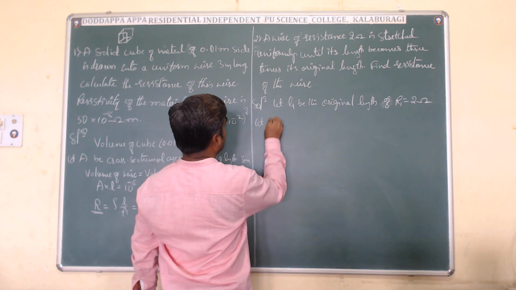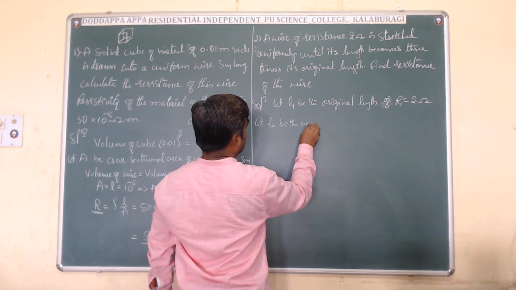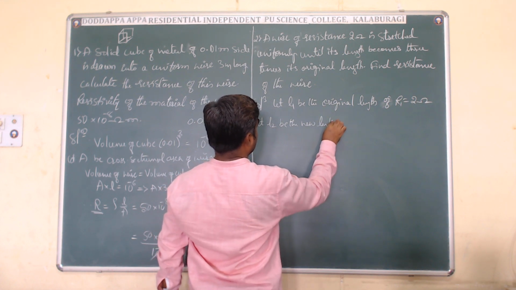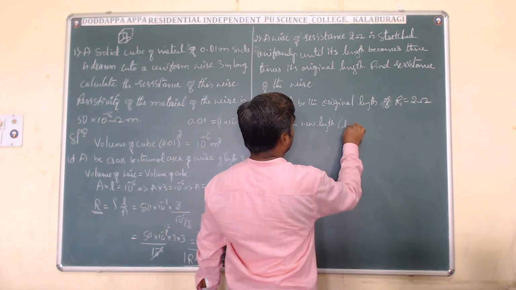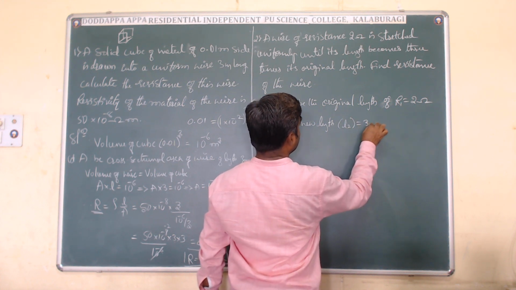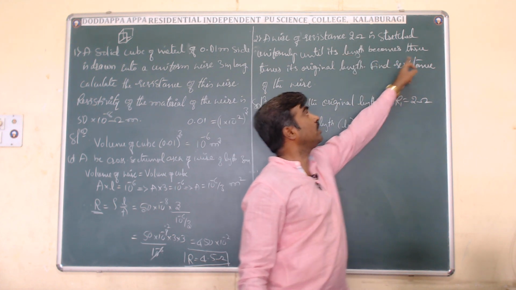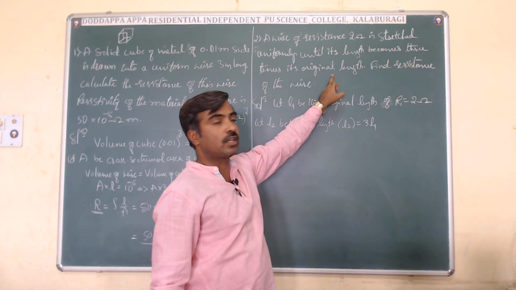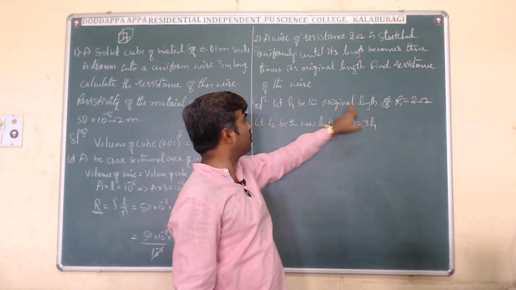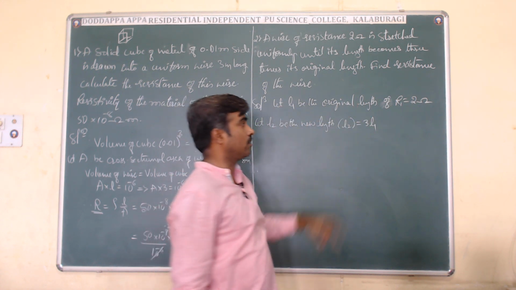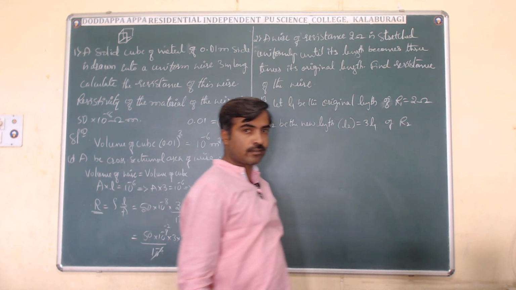Now let L2 be the new length, which is L2 is equal to 3 times L1. It is given until the length becomes 3 times its original length. L2 is the new length, which is equal to 3 times the original L1, of resistance R2, that we have to calculate.